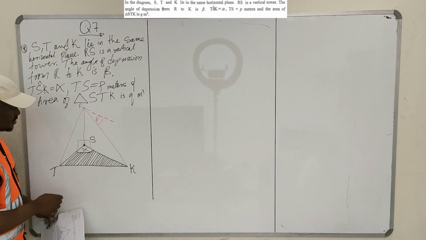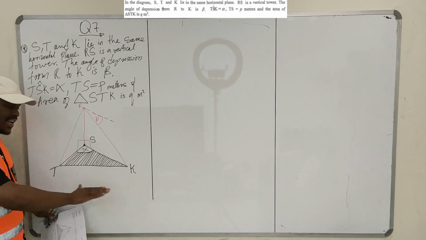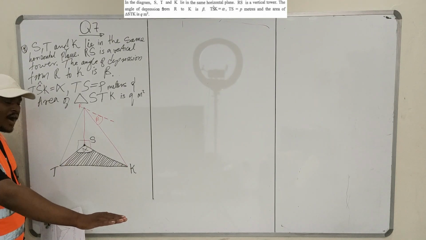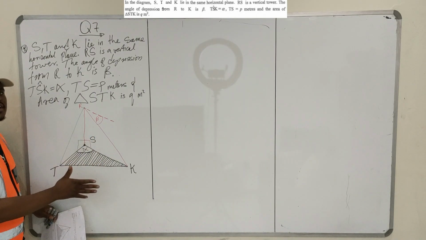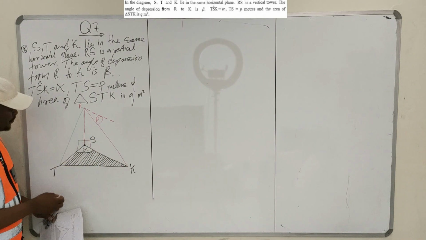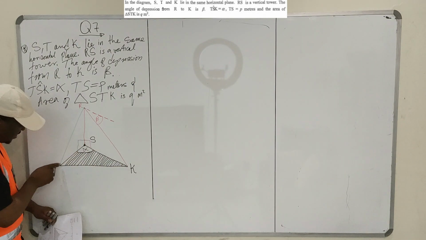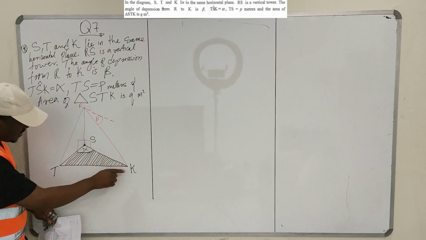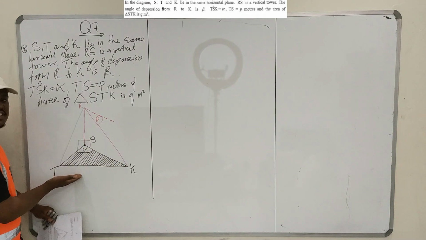The first side, the one that I'm highlighting first, is the base, which is the one that this triangular pyramid is built on, sitting on the horizontal plane. So the first one is SKT. This is the first triangle that you have, the base of the pyramid.